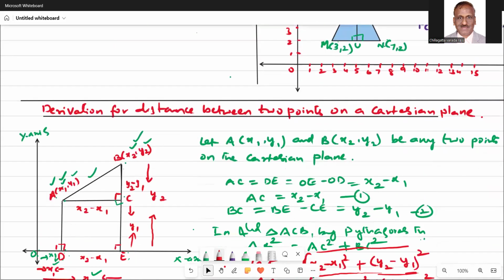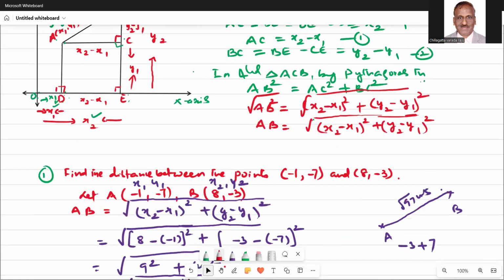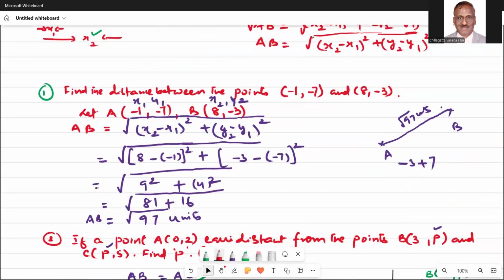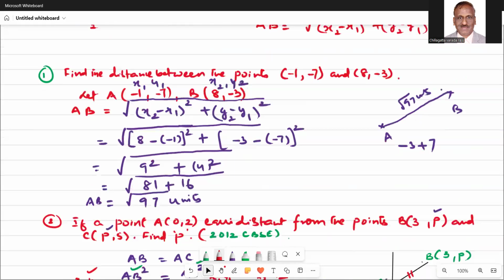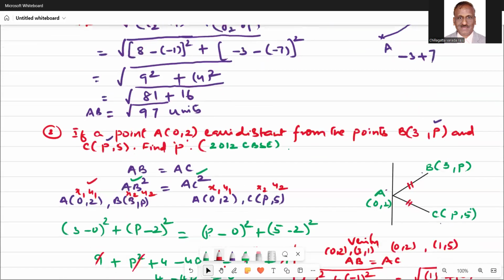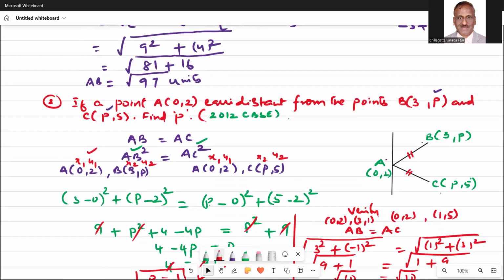And we have derived the formula for distance between 2 points and the problems based on distance between 2 points. One simple problem to get the distance between 2 points. And the next question, to find a point which is equidistant from 2 given points. To find the unknown value P when a point P which is given to you is equidistant from 2 given points.